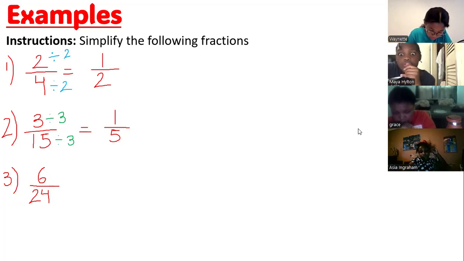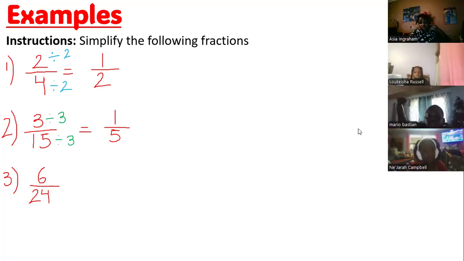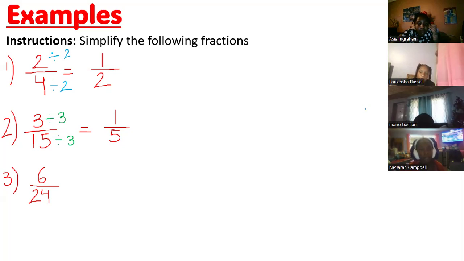What number can we use? We could use 6 to make it easier. You can't use 4. Use 6 to make it lower. Raise your hand if you think we could use 6.